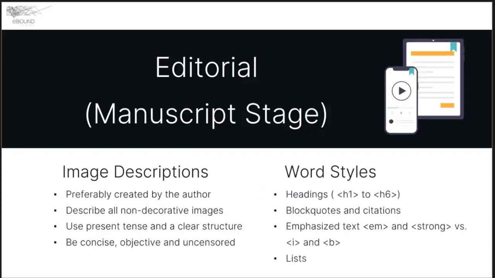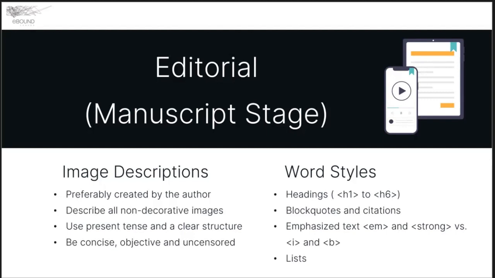For the editorial or manuscript stage, it's a great place to start with image descriptions. Some guidelines include preferably creating the descriptions through the author or the editor, or if not, then a subject matter expert, as they know the content well. And then describing all non-decorative images, using present tense and a clear structure, and being concise, objective, and uncensored.